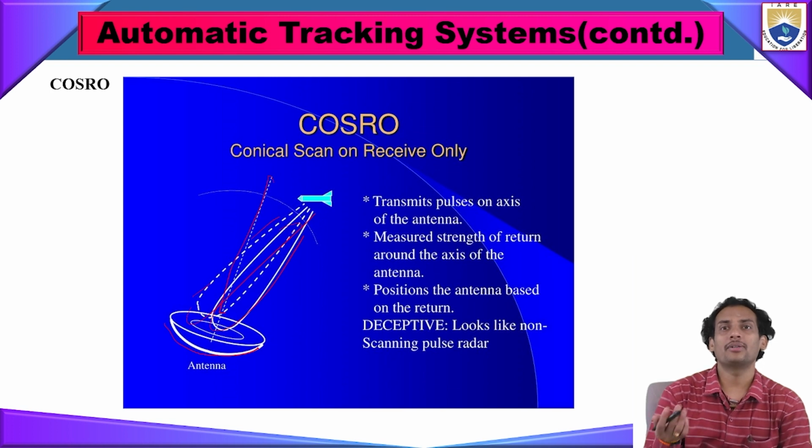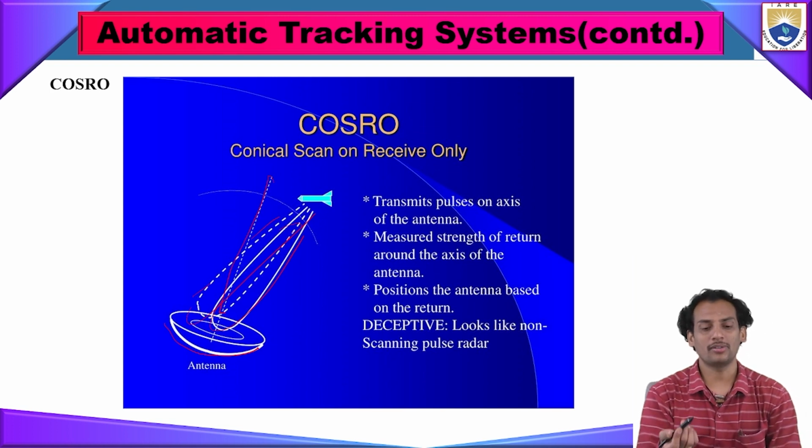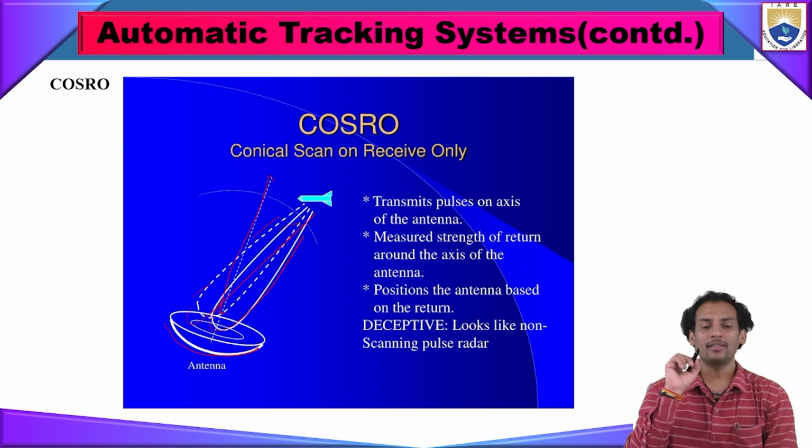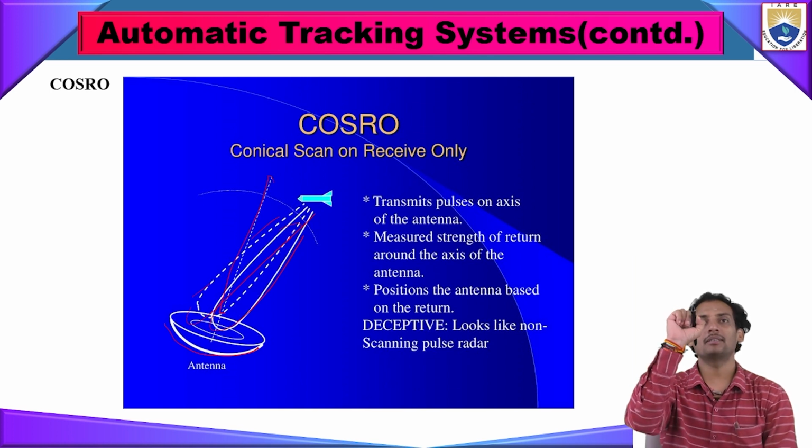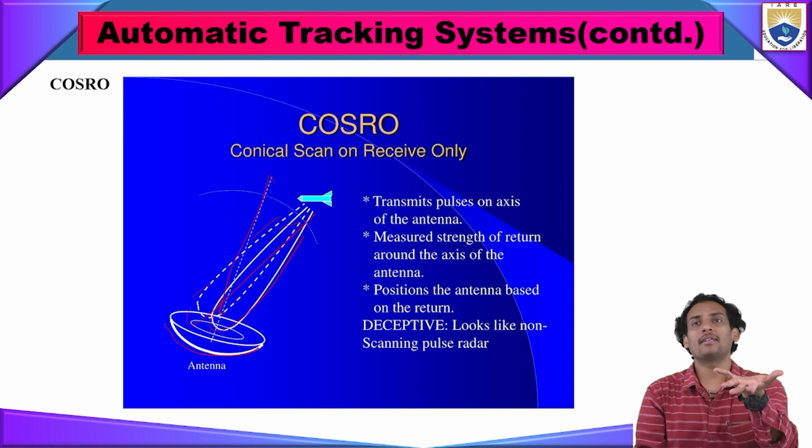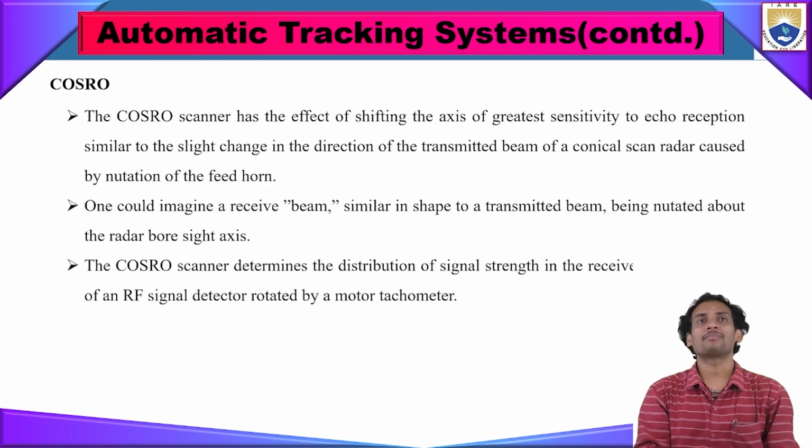So like a non-scanning pulse radar. Even if the target is out of range, the error between the elevation and azimuth will be detected automatically, so it will track the target easily.